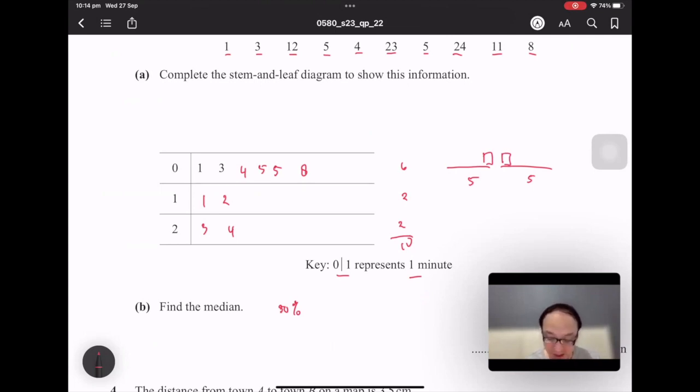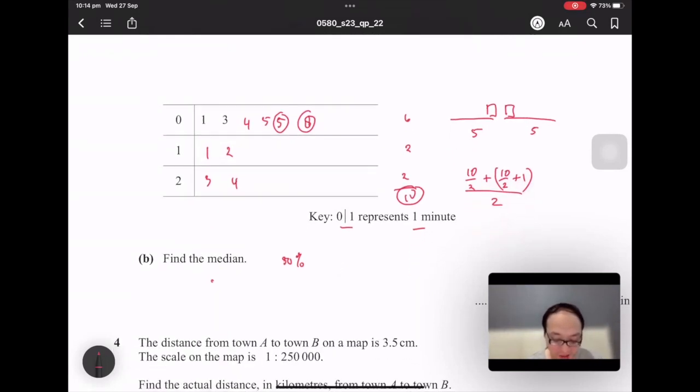Because 10 is an even number, the median will be the 10 divided by 2 term plus the 10 divided by 2 plus 1 term, all divided by 2. So the fifth data will be 5 and the sixth data will be 8. So the median will be 5 plus 8 divided by 2, so this is 13 over 2, which is 6.5.